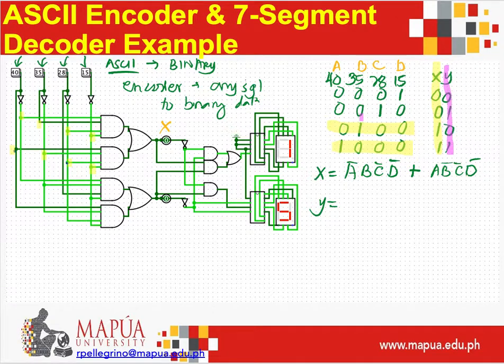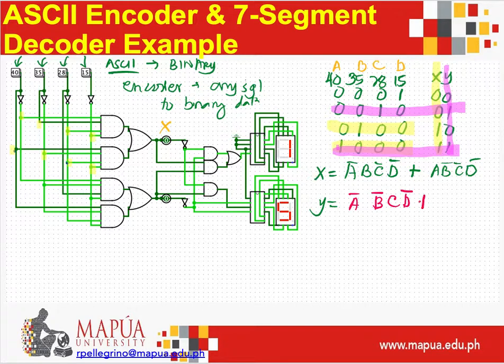With that, we have a solution for y, and what will be our equation? Our equation will be A bar, B bar, C, D bar, OR A, B bar, C bar, D bar.